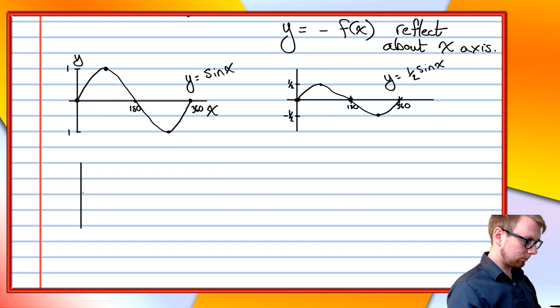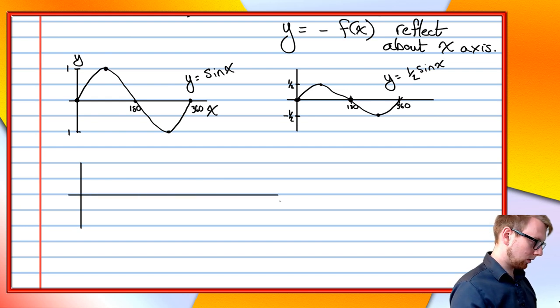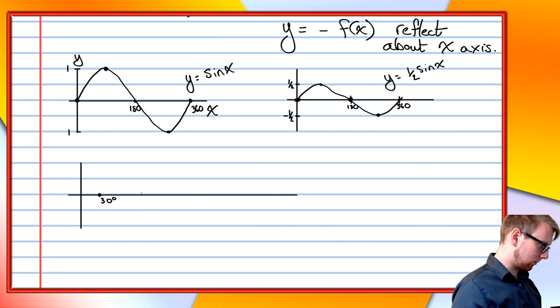This is 0 at 0. We add 30, now it's going to be 30 degrees. So here's 30 degrees. And here, what's another one we're going to do? This was 90, so we'll do 120. 180 will be 210.